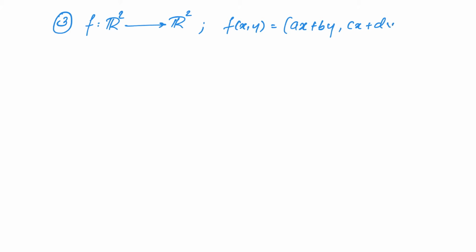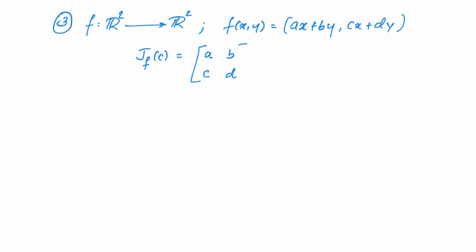Now let us look at a slightly more complicated example. This time we are going to look at a linear function from R^2 to R^2. More precisely, we are going to look at a function of the form f(x, y) = (ax + by, cx + dy). Now, because this function is linear, it should be intuitively obvious that this function is differentiable.